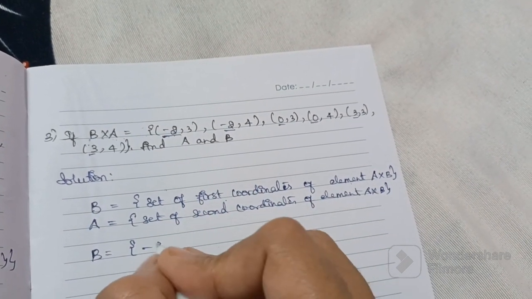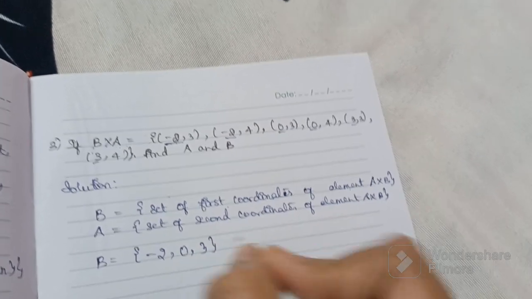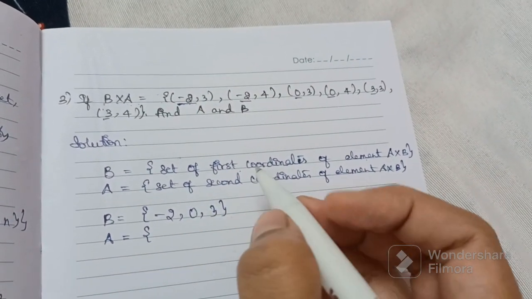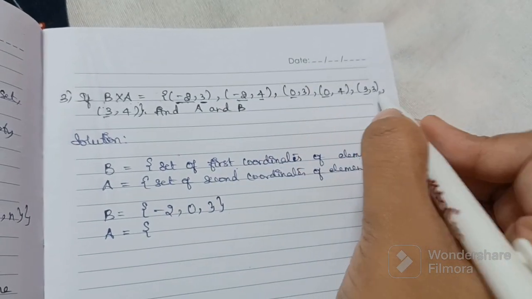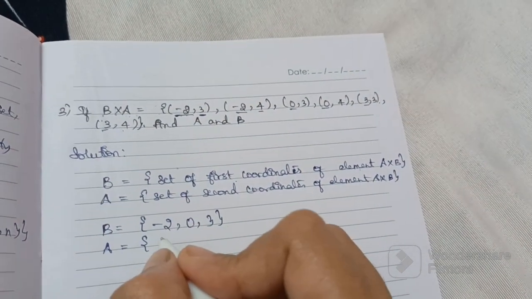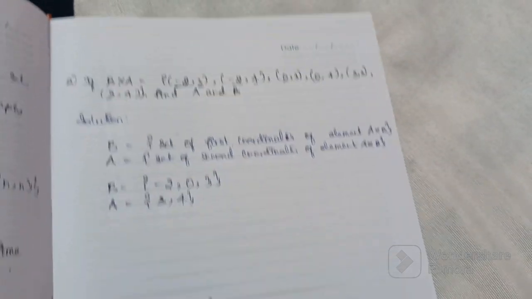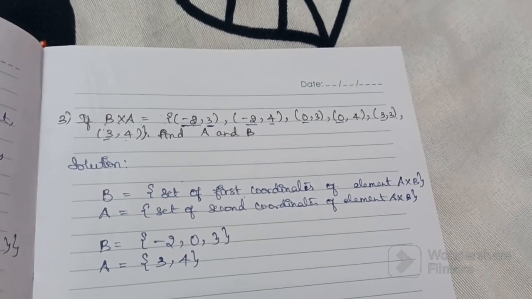So -2, 0 and 3. This would be your B. And what is A? The second coordinates are 3, 4, 3, 4, 3, 4. Write the common ones only once. So 3 and 4. This would be your A. This would be the answer for the third exercise question.